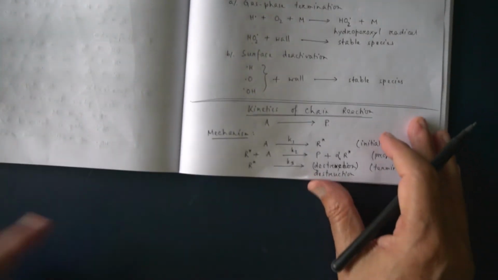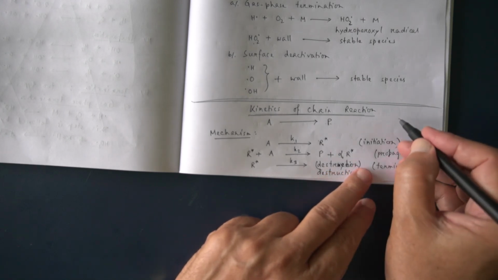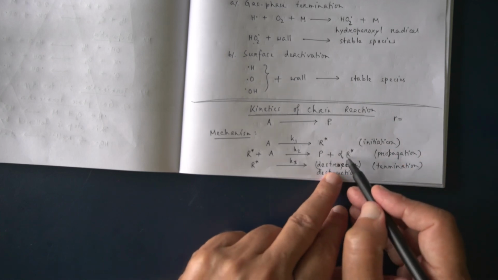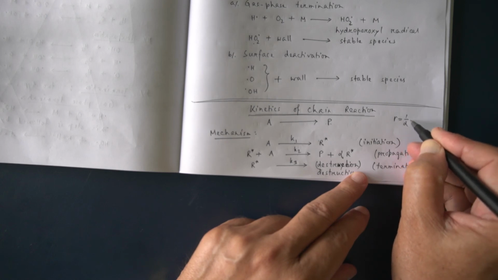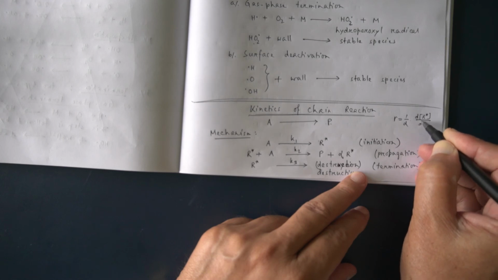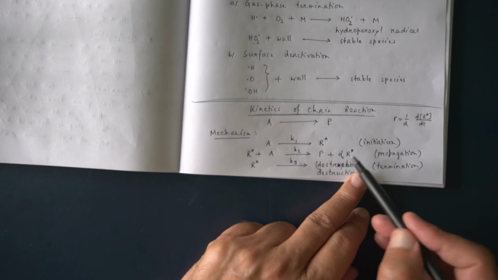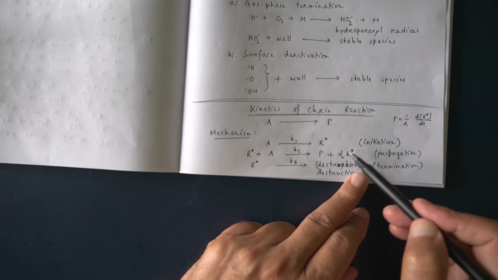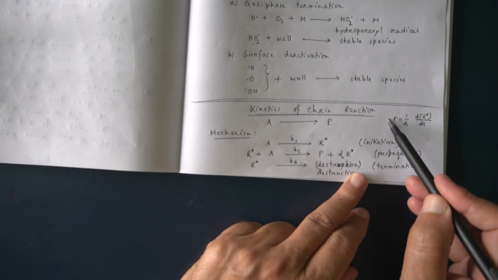Because you see, if you write r equal to 1 by alpha into dr/dt, then from this r will be equal to 1 by alpha into dr/dt. So dr/dt will be equal to alpha into r.